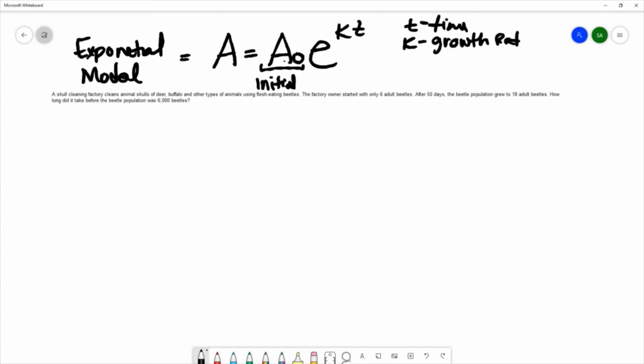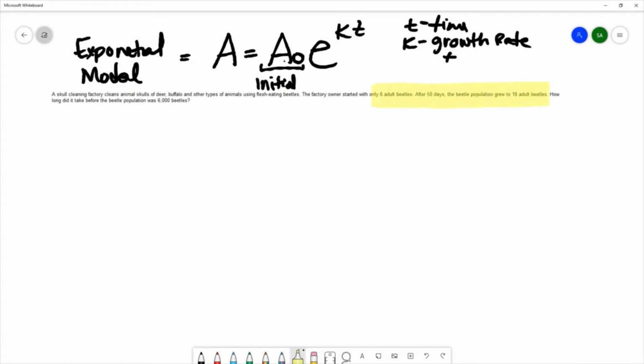And when we do our calculation, when we have growth, K will come out to be positive. If you ever have your population getting smaller, it will be called a decay rate, and K will be calculated to be negative.